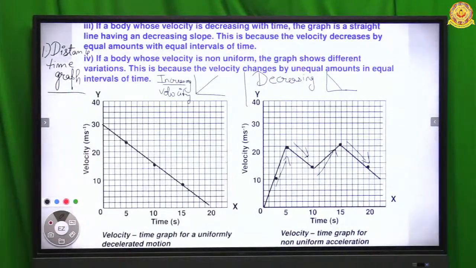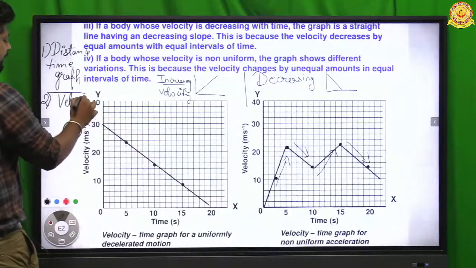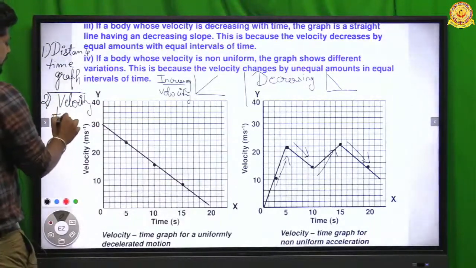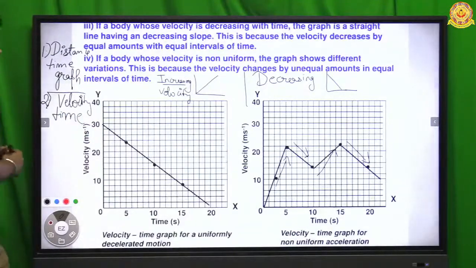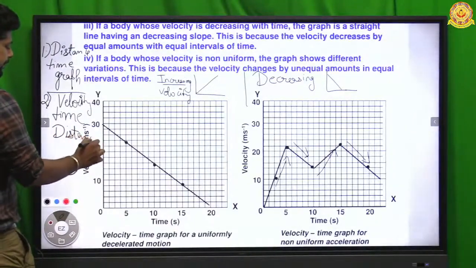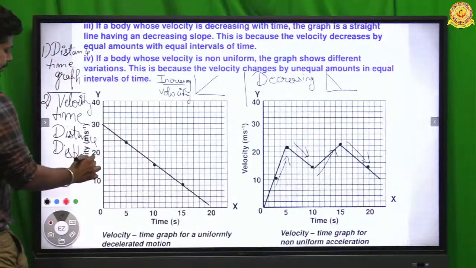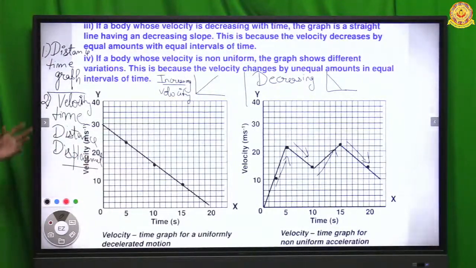Second, we have learned the velocity time graph, VT graph. In the velocity time graph, we have to find out the area under whatever points we are determining, to find out distance and displacement. We will find this out by the VT graph.